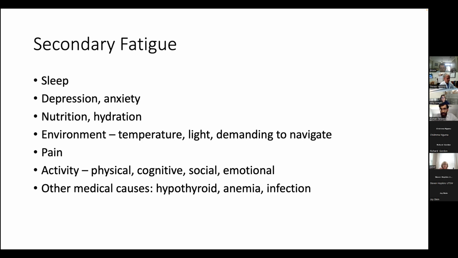So hydration is an important part of it, and multiple factors can affect inadequate nutrition and hydration. So if you're having swallowing difficulty, weight loss, seeing a speech therapist or a dietitian can be helpful to maximize this aspect of your health.